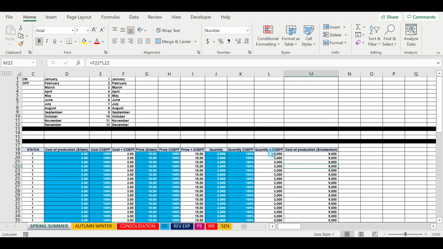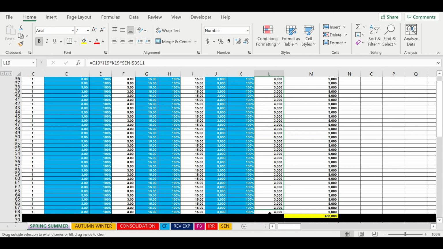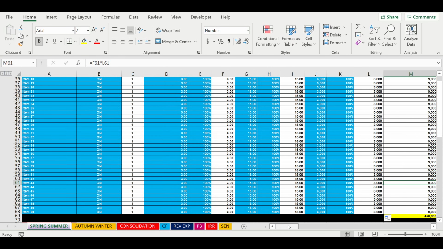So now we will extrapolate this formula. So we can add the parameter of sensitivity analysis to any input inside our financial model. So this is very important when an entrepreneur wants to see how his or her business performs if revenue increases or expenses increase or decrease.